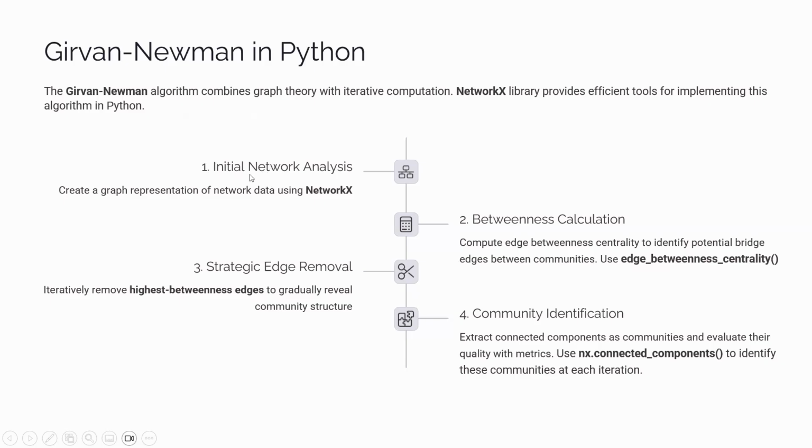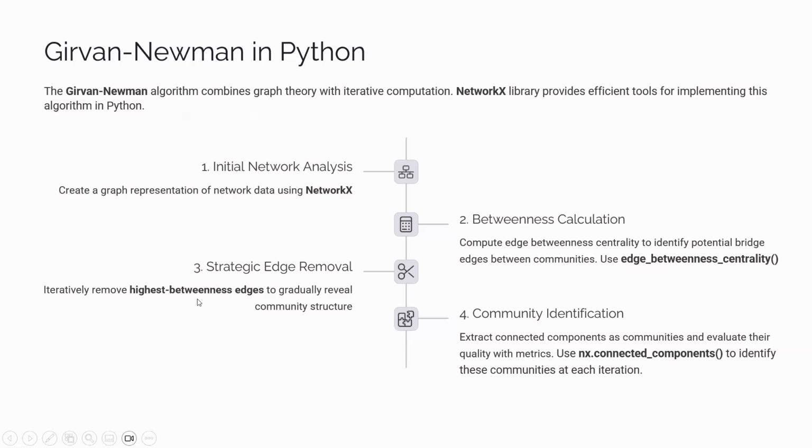To start with, we get the network created from whatever network data that we have. And then for each edge, we compute edge betweenness centrality. This will help us to identify the potential bridge edges. In Python, we have the edge betweenness centrality function in the networkx library. Using that, we will be identifying all the edge betweenness centrality measures. And then we detect the highest edge betweenness centrality and remove that particular edge.